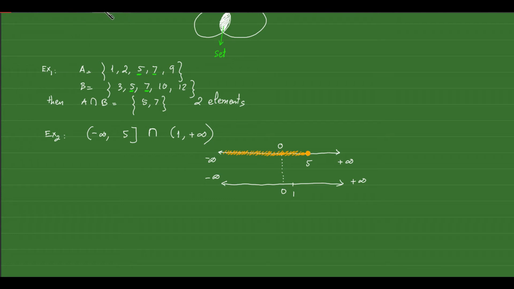Let me pick this one right here. We want to shade everything to the right. There you go. Alright, so based on these two number lines, we're going to try to find the intersection part.